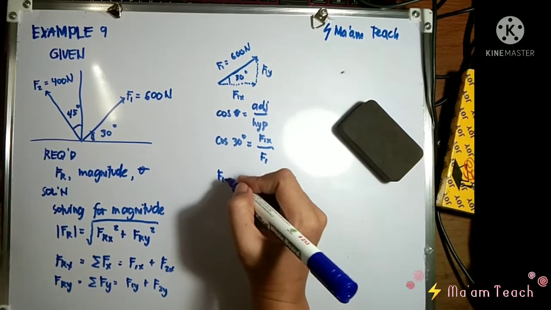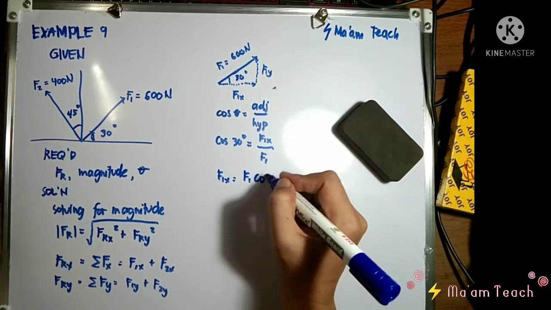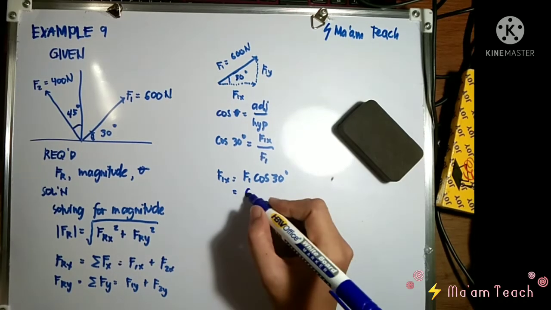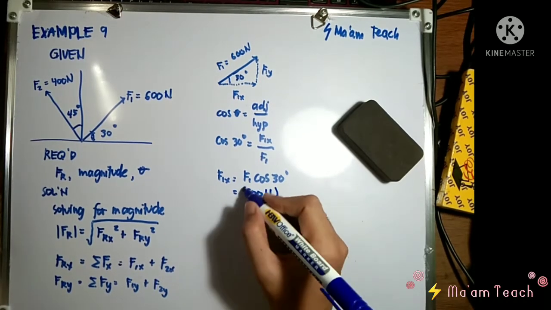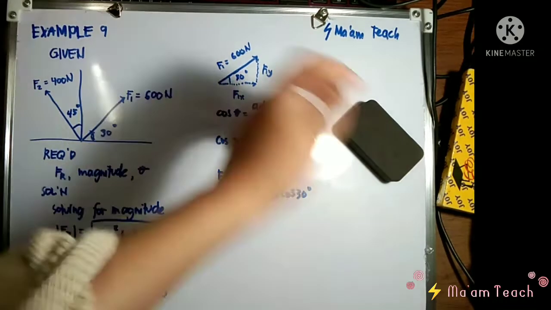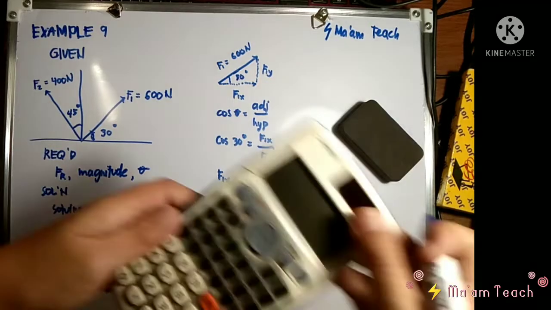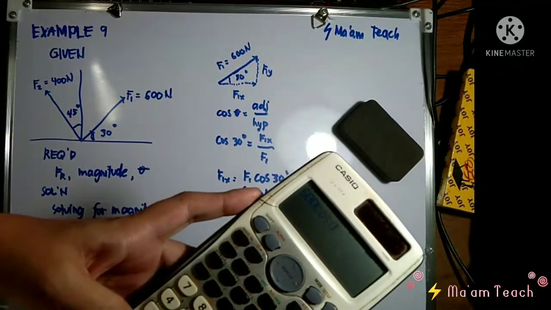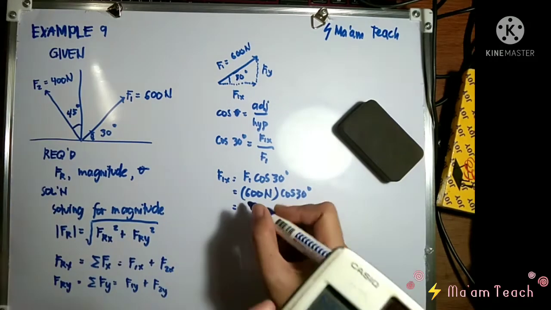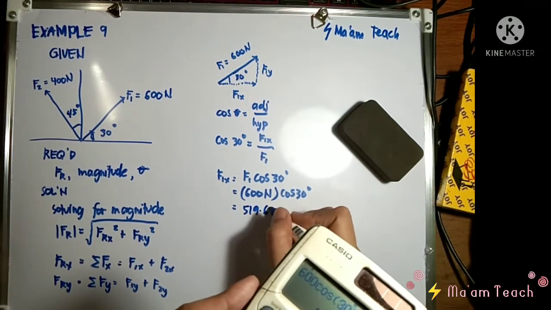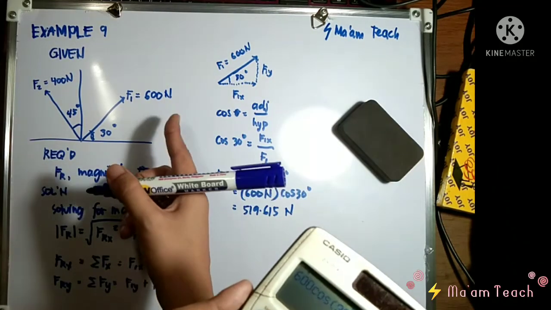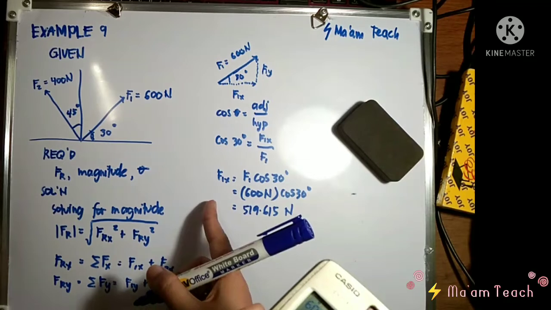So our x component is F sub 1 cosine 30. Substituting, we have 600 Newton times cosine 30 degrees. Using your calculator, 600 cosine 30 is 519.615. And the unit is in Newton because the given is in Newton. So this is only the x component.